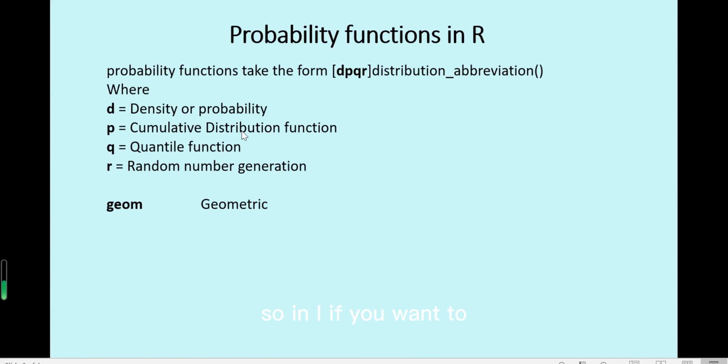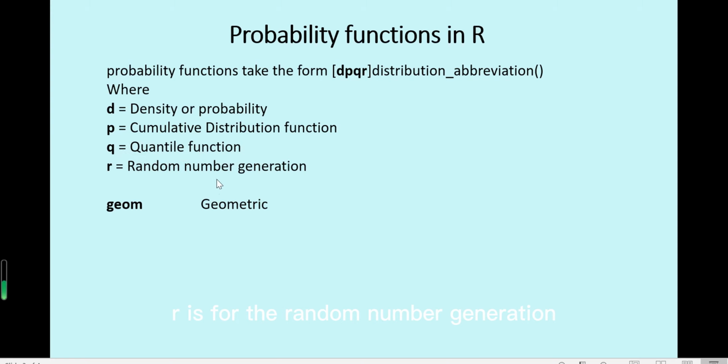In R, if you want to use the geometric distribution's probability functions, you take one of the four letters d, p, q, r, followed by the distribution abbreviation. Here D means density or probability, P means cumulative distribution function, and Q means quantile function. Quantile is actually the same as the random variable, just a different name.